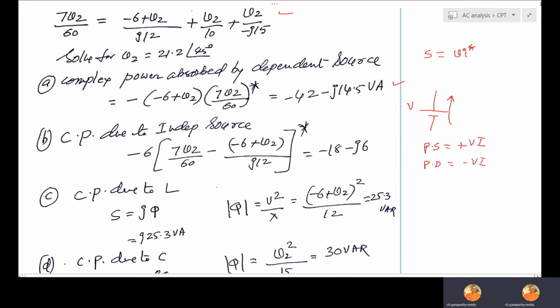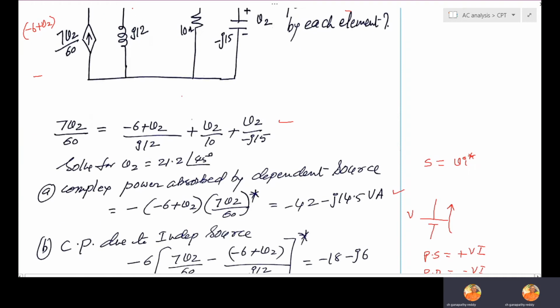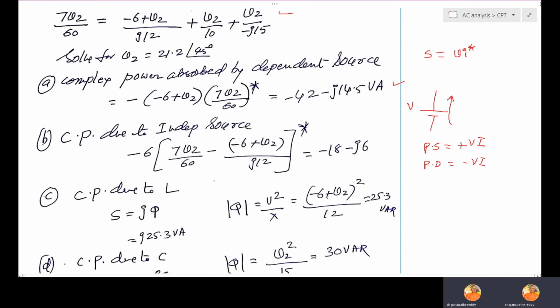So 7V2 by 60 minus (-6 plus V2) by J12 is the current flowing through the independent voltage source. There is a current star. Then the voltage is 6. Why this minus sign again? Current is flowing from minus to plus, so it is actually supplying, but what we want is absorbed. Therefore minus 6 I star. Simplify, you will get this.